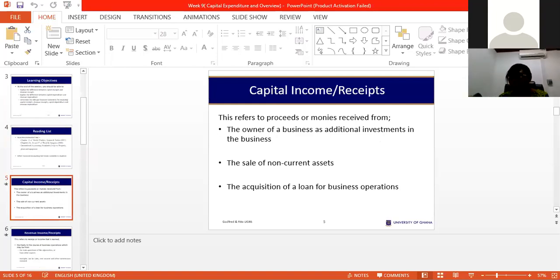We know already that the business owner would always bring in the initial investment, but in the course of operation, they may bring in additional investment, which could sometimes be in the form of cash or equipment, anything. And once that happens, it is referred to as a capital receipt, or capital income.